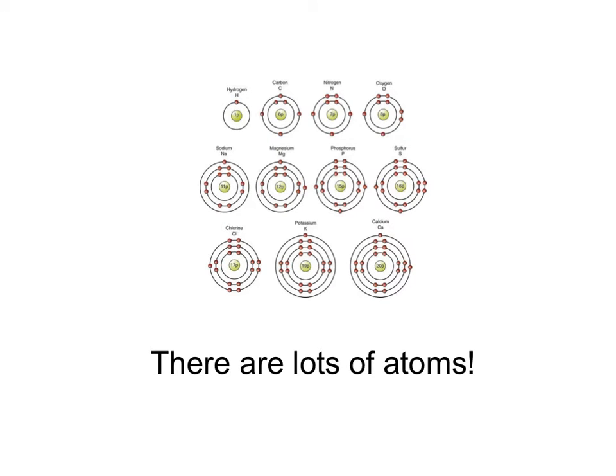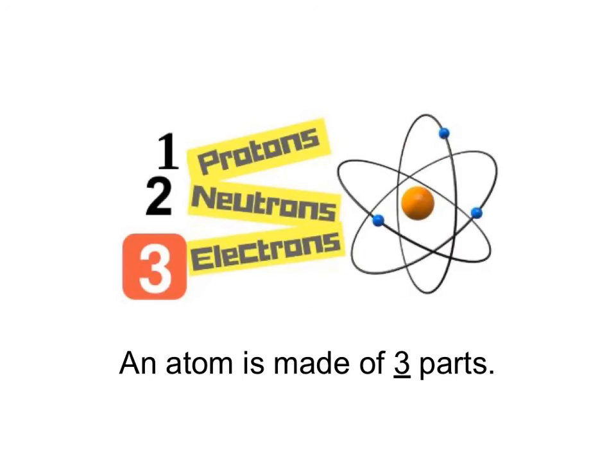There are lots of atoms. There are so many atoms, you cannot even count them. An atom is made of 3 parts: protons, neutrons, and electrons. And notice how electrons is really pointed out in this slide.